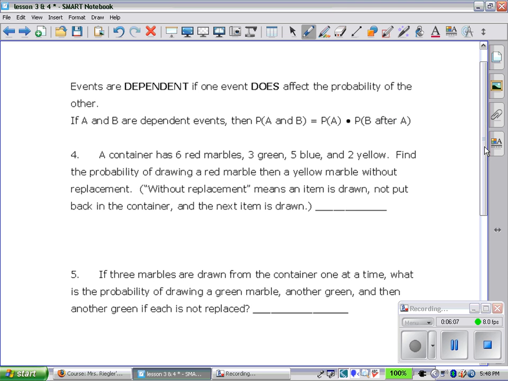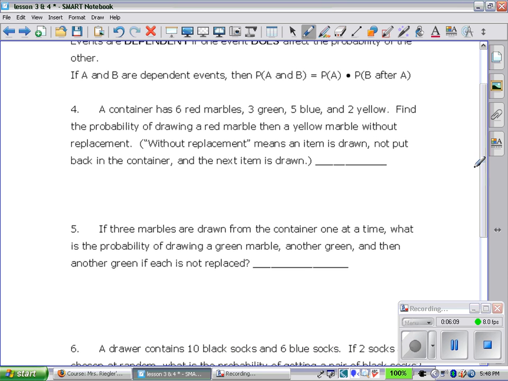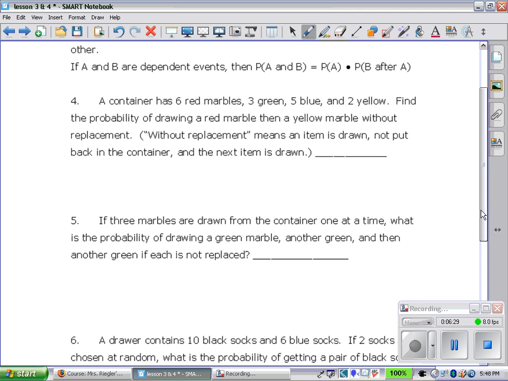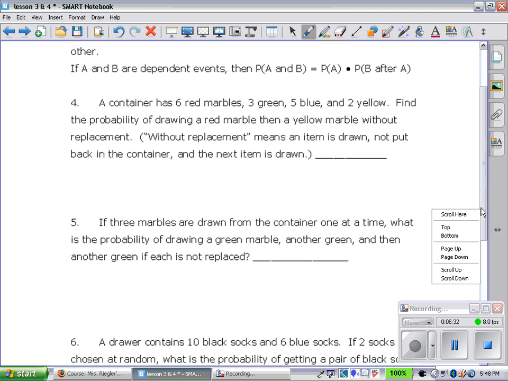So let's look at that same marble situation. A container has 6 red marbles, 3 green, 5 blue, 2 yellow. Find the probability of drawing a red marble, then a yellow marble without replacement. So that means you draw the first marble, keep it out of the container, then draw a second marble. So this is the only difference between this and number 1, that we're not replacing the marble.